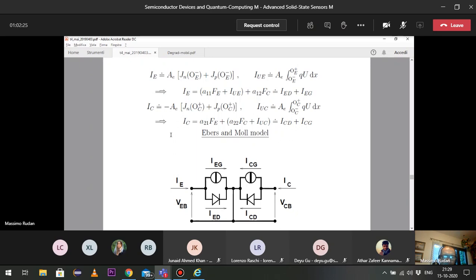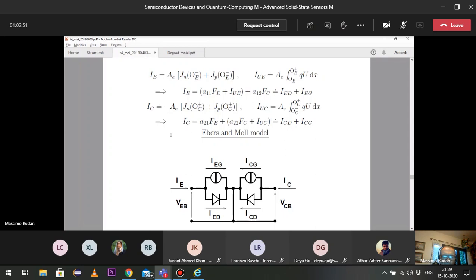So in circuits, when a current is the sum of two currents, it must be represented, as you remember, as two branches in parallel. So in fact, in the figure, you see that the total emitter current becomes two branches, okay?